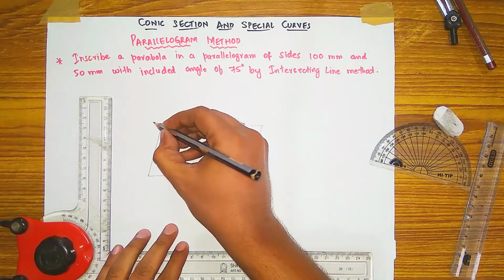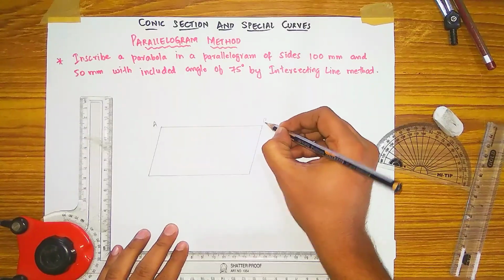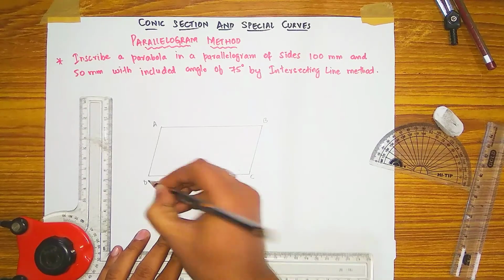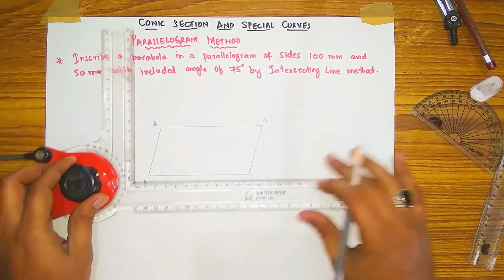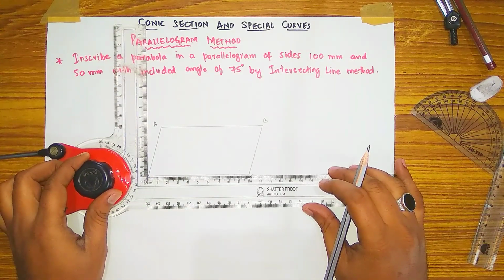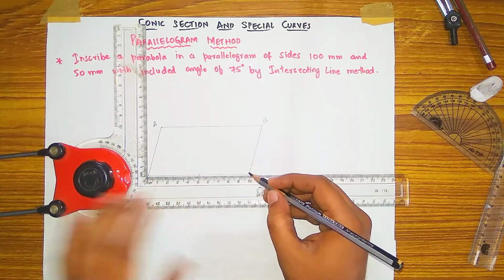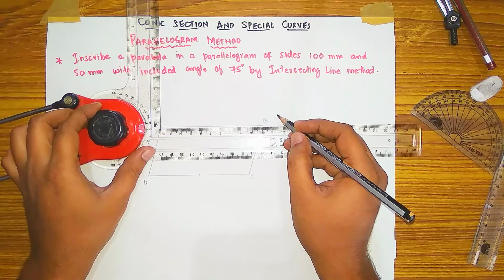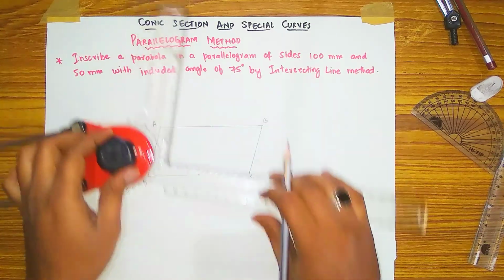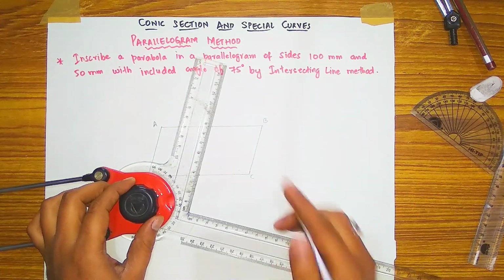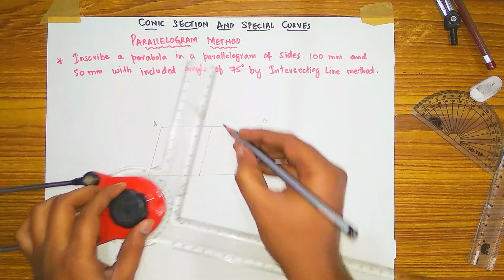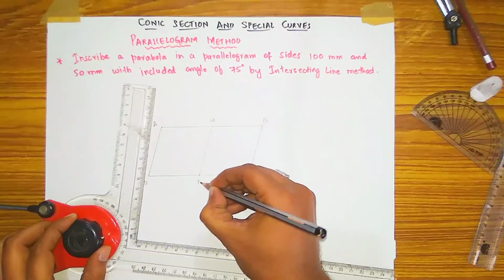Then label it A, B, C, D. Then divide this 100 mm into half, that is 5, and the same here, 5. Then draw a line like this and label it M and N.